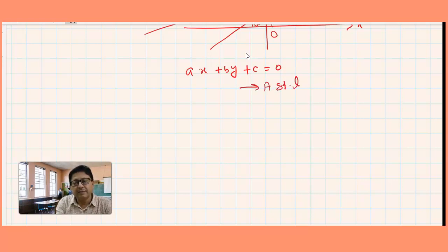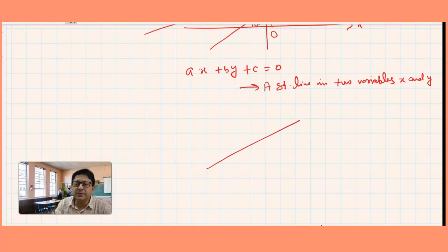This one represents a straight line in two variables, x and y. So any point which satisfies this equation lies on the line. You have the idea of plotting already, you are doing it from class 9, I think. So this line has the equation ax plus by plus c equal to 0. What does this mean?